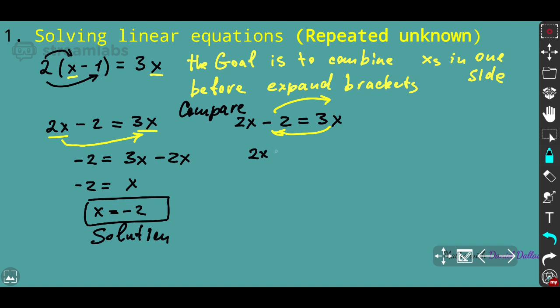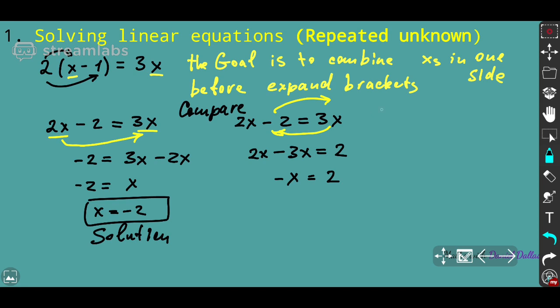You will have 2x minus 3x. And when you take negative 2 and transfer it to the right side, you swap the sign. That means you will have positive 2, okay? So it works in this way. The first trouble that you will have is that you will have negative x instead of normal x. And the second part, you need to take the number itself and transfer it to the right side.